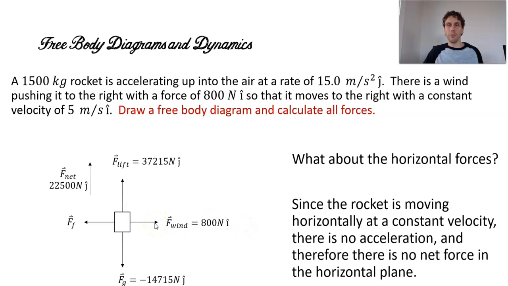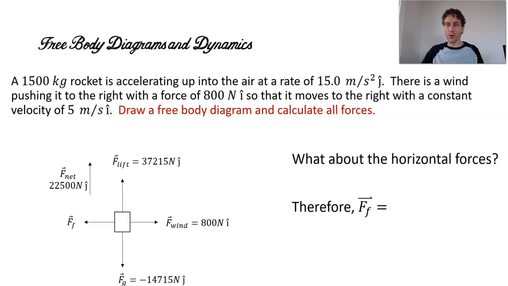But because these forces are balanced, it is moving at a constant velocity. It's not accelerating. So the force of friction is equal, just in the opposite direction. So those are all of the forces.